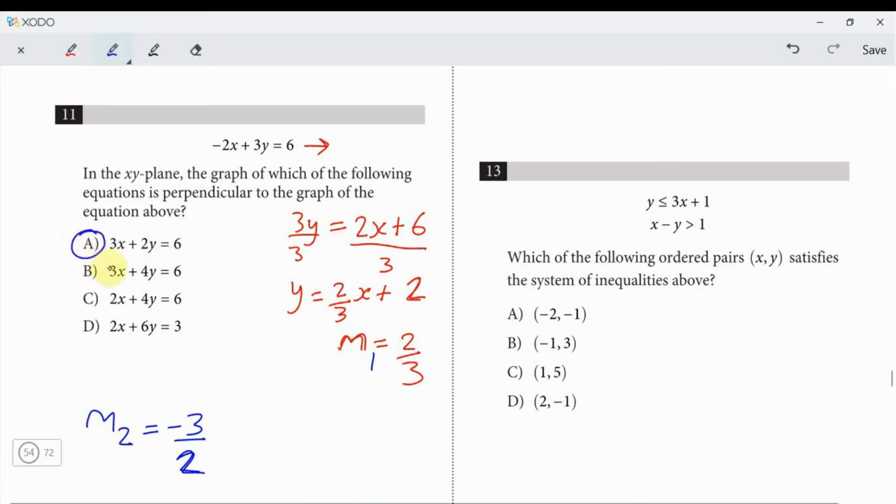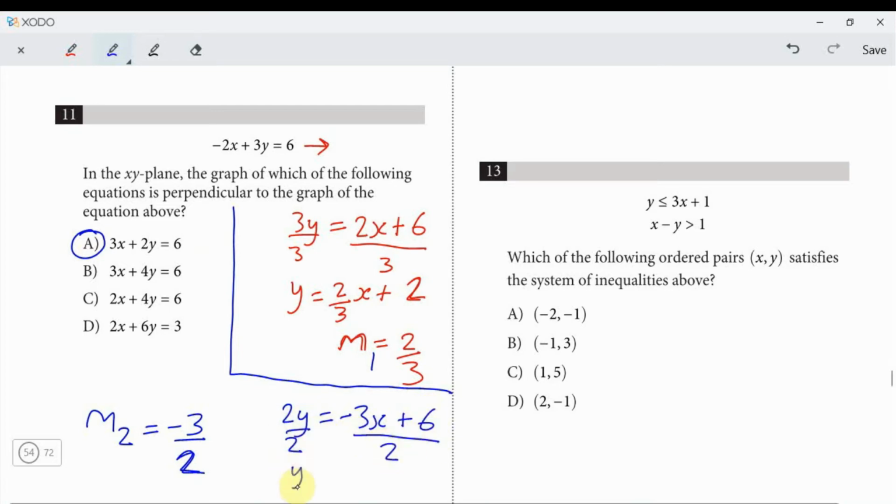Looks like option A. Now, if you don't see that it's option A straight away, make y the subject from option A. You'd get 2y is equal to, bring the 3x over to the right side, minus 3x plus 6. Then you divide both sides by 2, and this line gives you negative 3 over 2x plus 6 over 2, which is 3. Notice that this gives us the gradient that's perpendicular to the line up here.